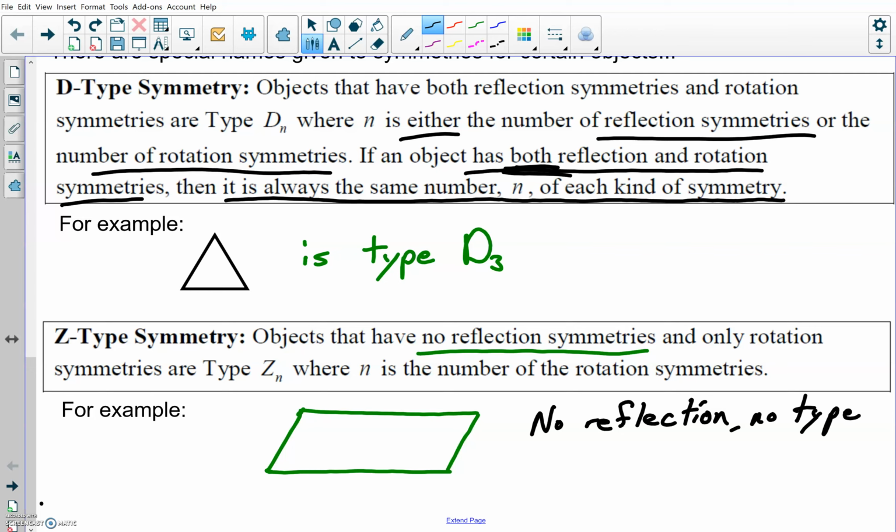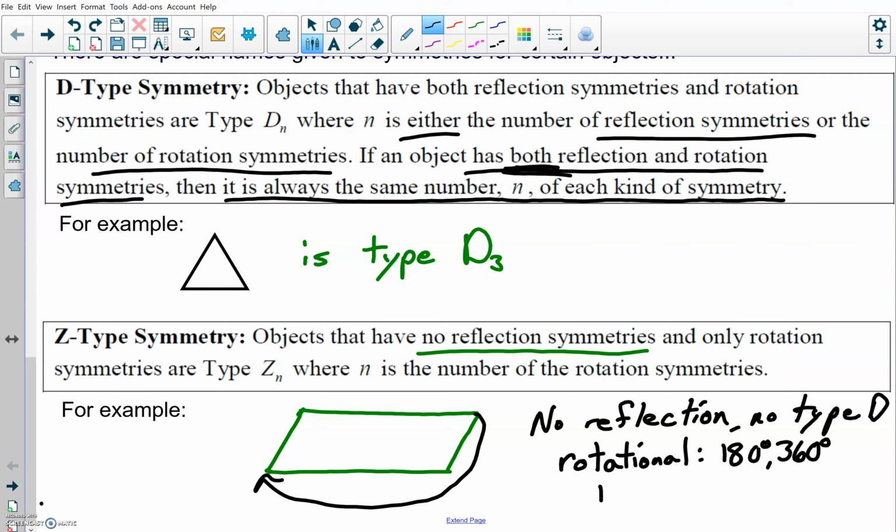But with the rotation always at least being 360, you're going to have a type Z. And in this case, if you were to rotate this 180 degrees, actually, you get back to a shape that looks like where you started. So parallelograms actually have 2 rotation symmetries, 180 degrees and 360 degrees.